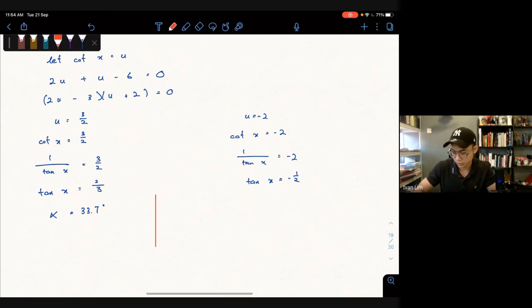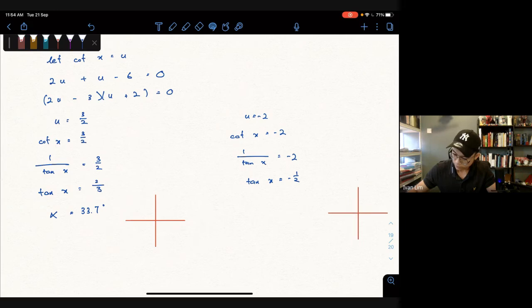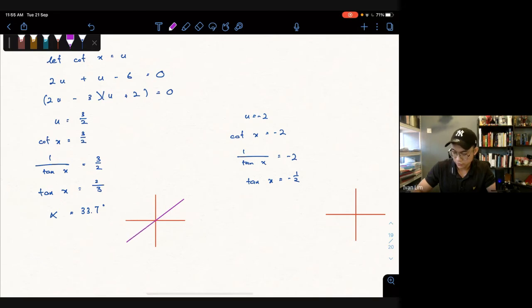Later we need this also. Your tangent x value is positive, equals positive 2 over 3. So which quadrant is it at? ASTC, first and third.